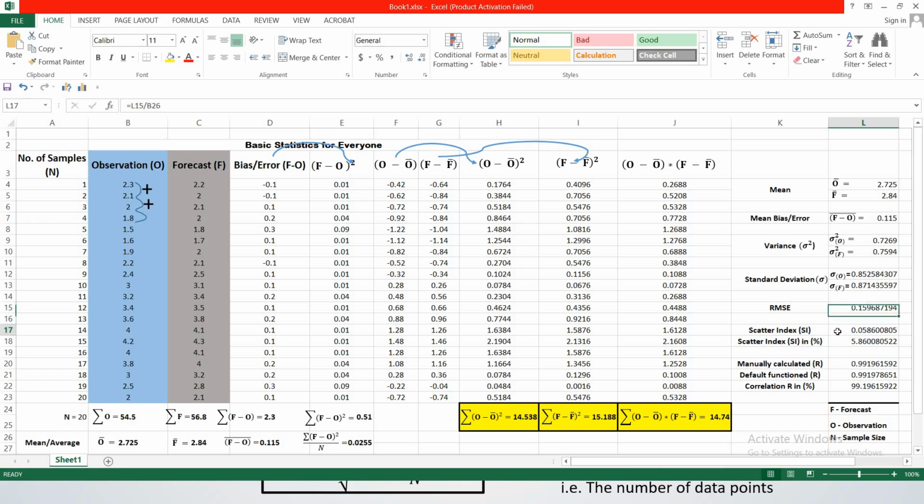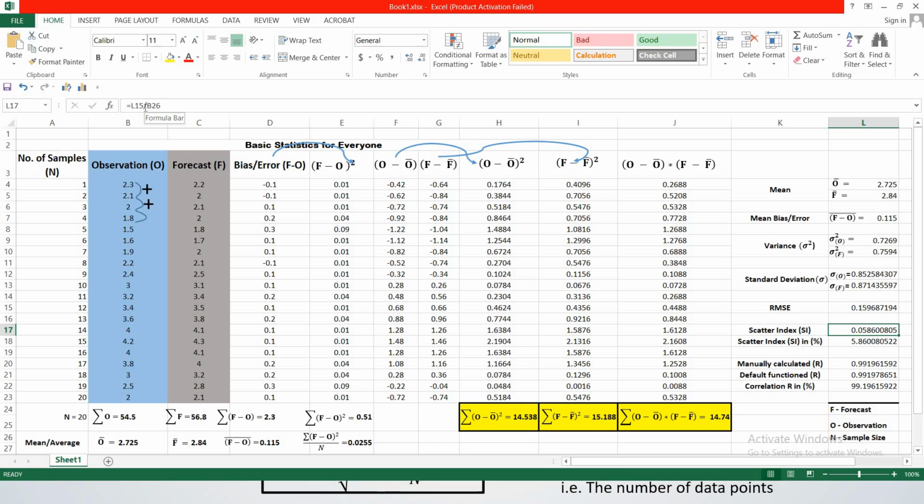And coming to the scatter index, once you compute this RMSE, you can simply calculate the scatter index by dividing the RMSE by the mean of the observation, that is O bar, 2.725. This is what I did. When I place the cursor on this scatter index value, what is it showing?